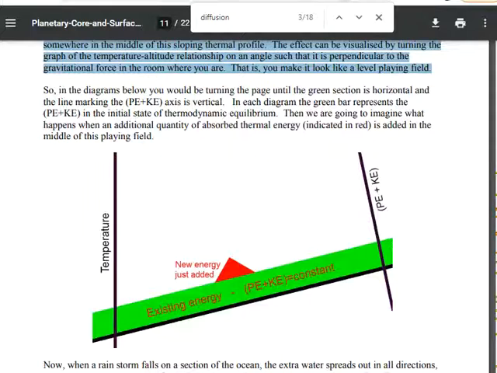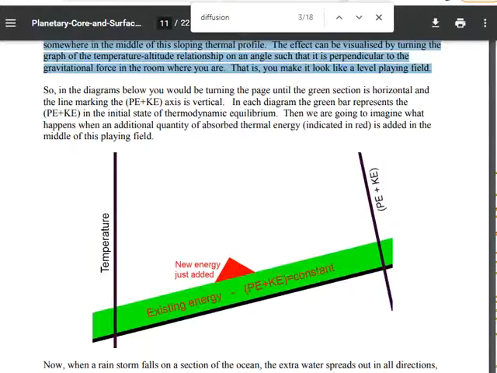Okay, that seems weird to me. My description, if I match this line here to this line here, I don't find that line is represented by potential energy plus kinetic energy equals constant.